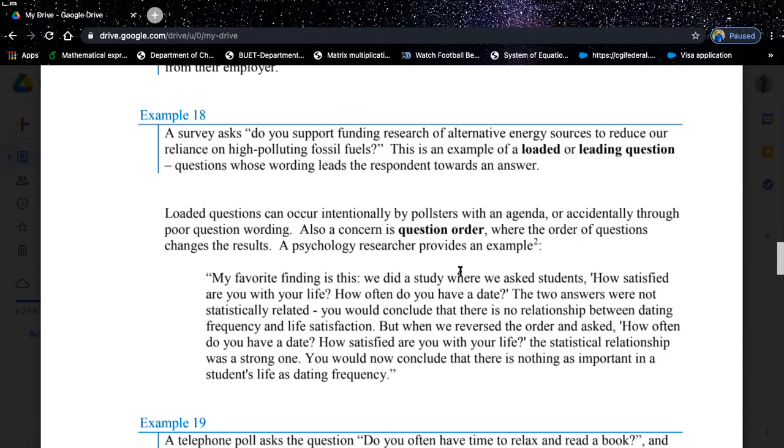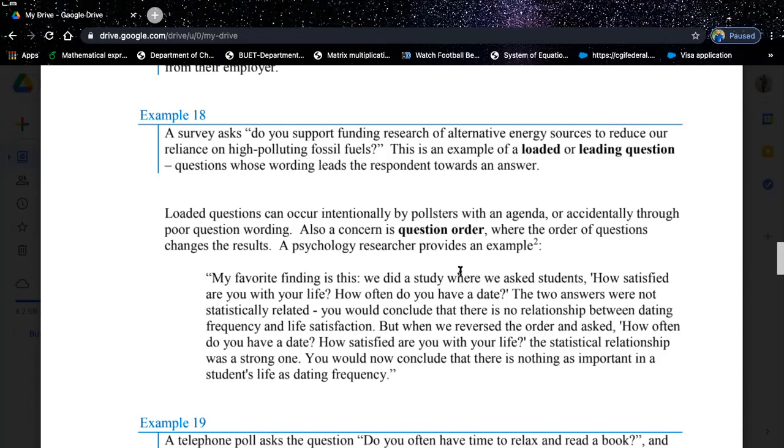Like the example we have already seen, when it asks you about the frequency of dating, and then it asks you how satisfied you are with your life, then they actually have a very good result. Students find a relationship between these two things. Maybe the more they date, the more satisfied they are with their life.